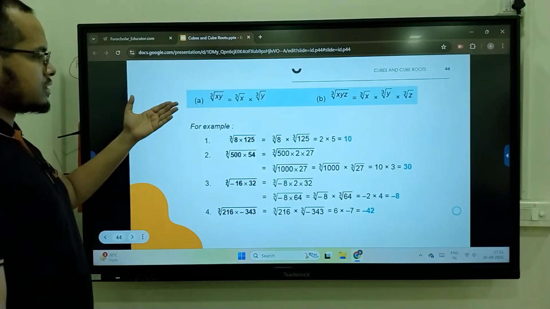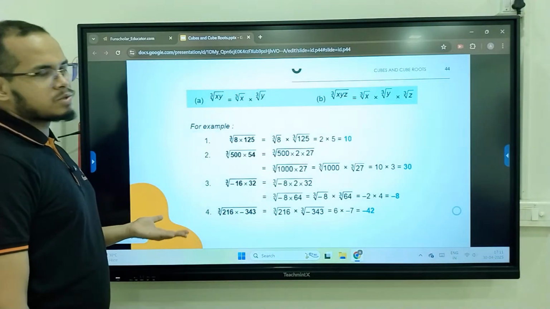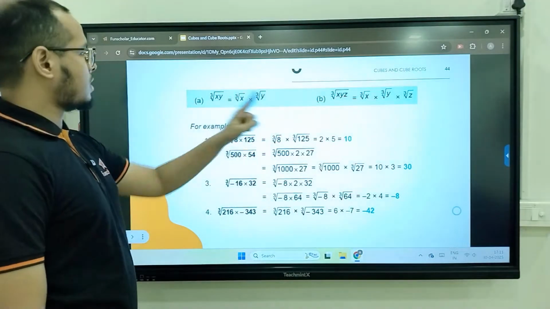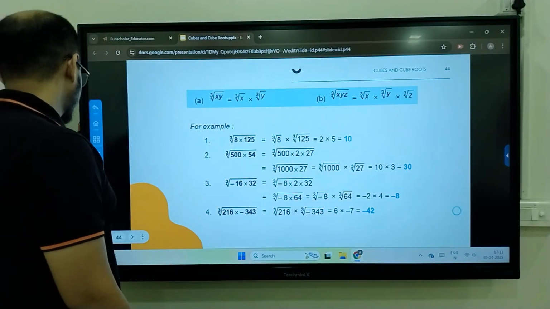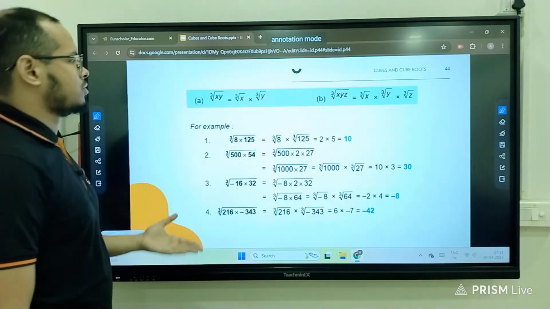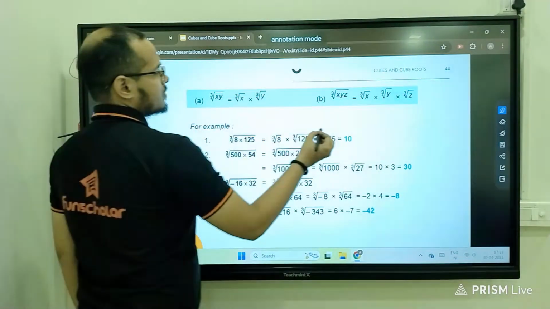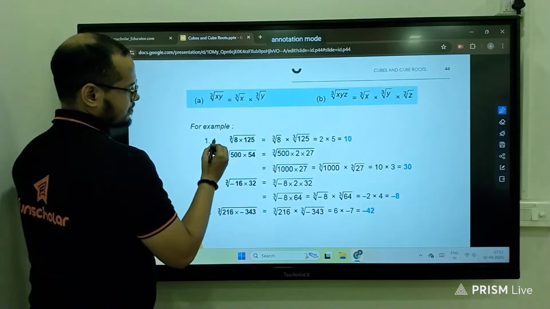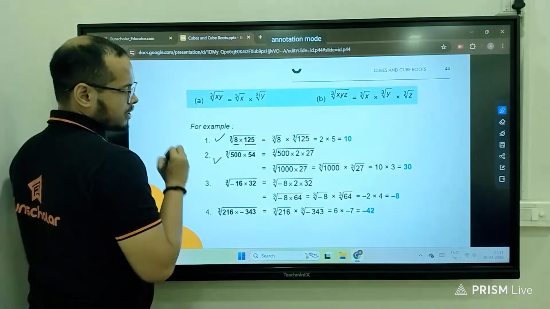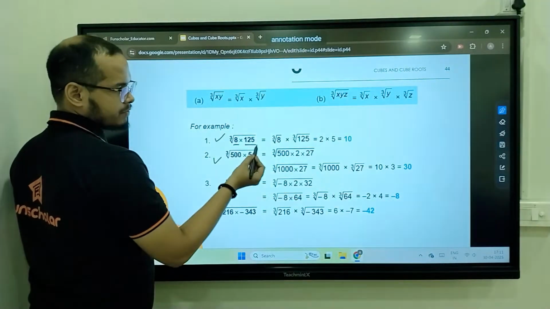Now there are some sums, and the sums are very easy in this case. So these are the two examples that we will keep in mind. If you have understood exponents, this is the same thing that we have done in exponents. So if I have a number, for example, let's see. Both of these are perfect cubes.